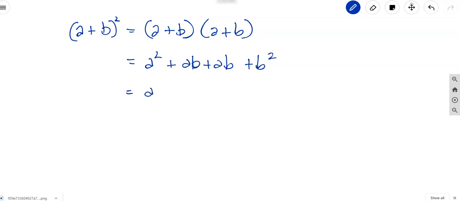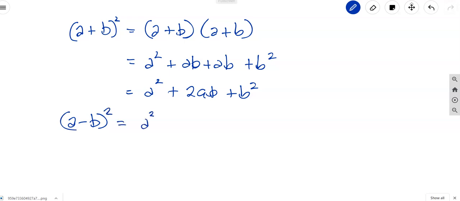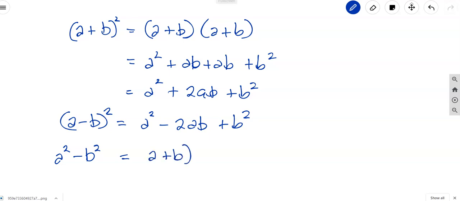That will give us a squared plus 2ab plus b squared. And then a minus b squared will give us a squared minus 2ab plus b squared. And then the other one, we have a squared minus b squared will give us a plus b times a minus b.